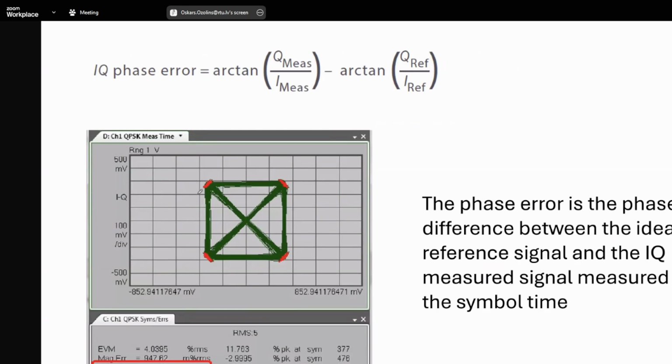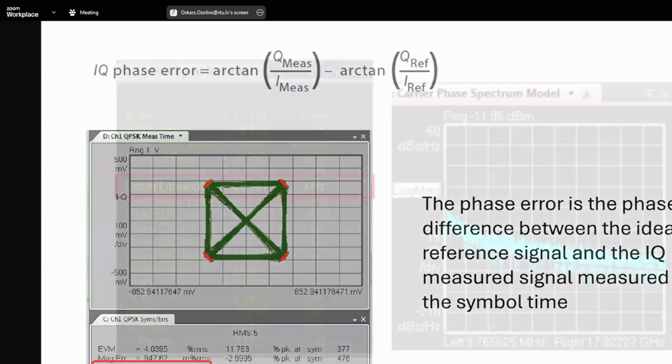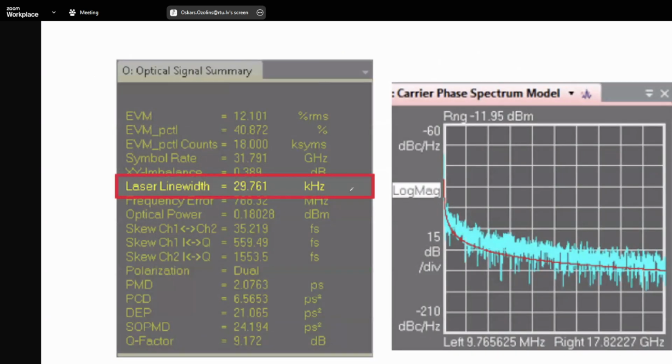Due to different parameters, you have a reference constellation, then you have these kind of banana shape constellations, right? And what is it caused by? It's from the laser. Okay, there's a question.